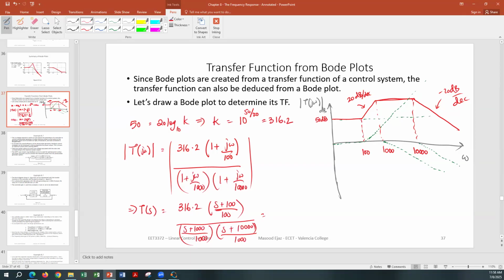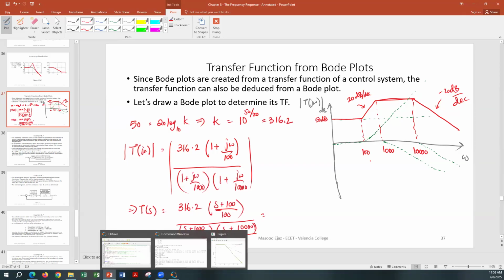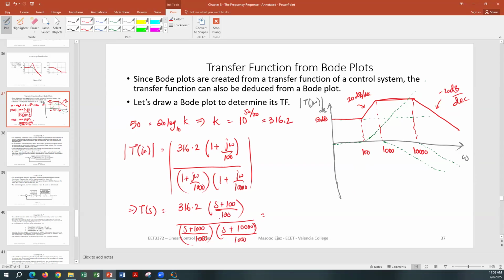So let's calculate the gain value. 100 is 10 times 1000. So 316.2 times 10 times 1000 is 10,000.